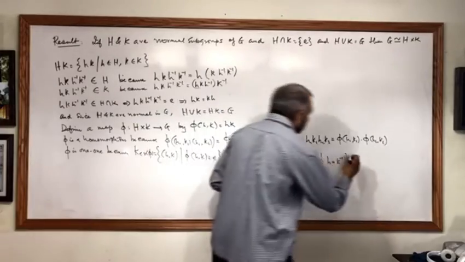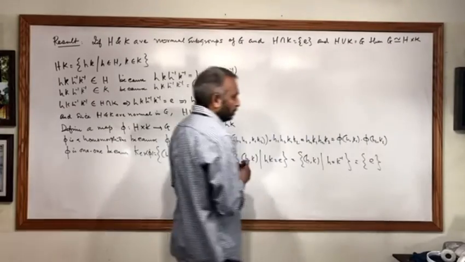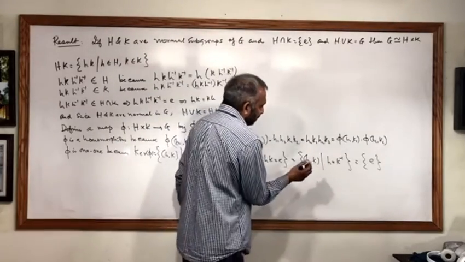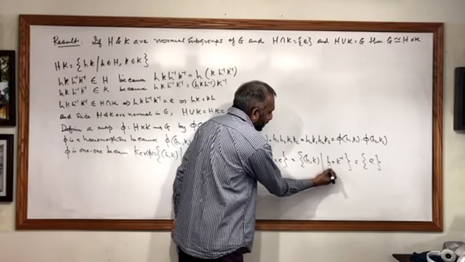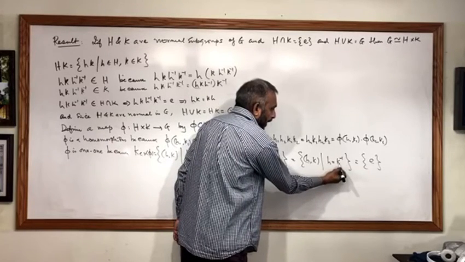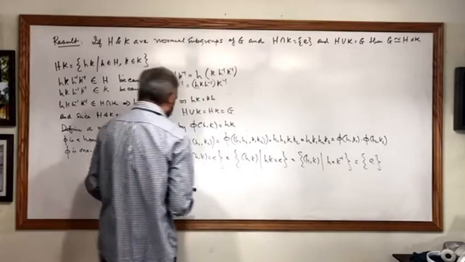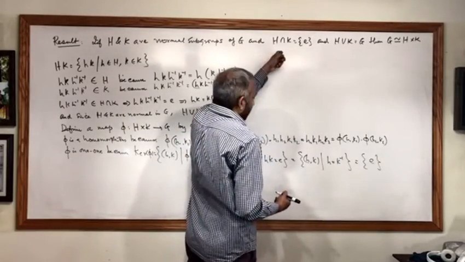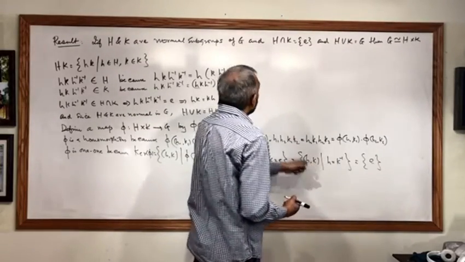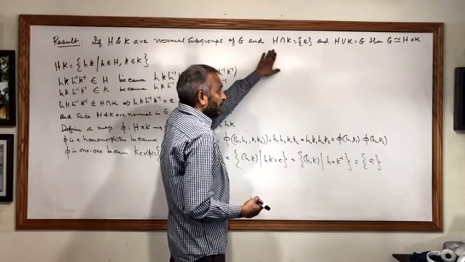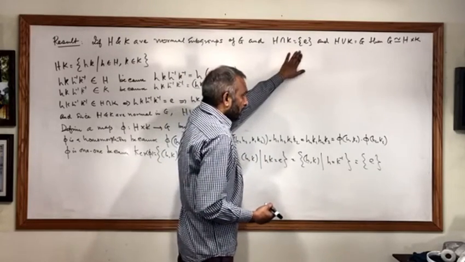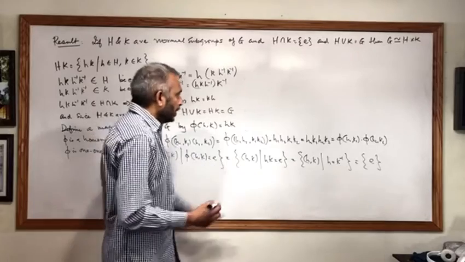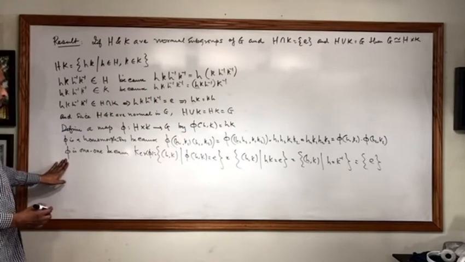And that implies it is just e. Because h is equal to k inverse, that means k inverse belongs to H because H is a subgroup. Similarly, h belongs to K. So h and k belong to H intersection K. And that means it's only e. So the kernel of this is e. So that means phi is one-one.